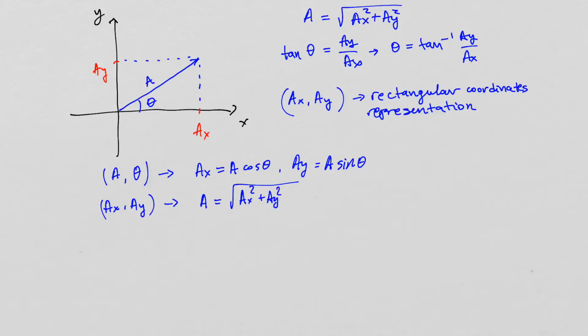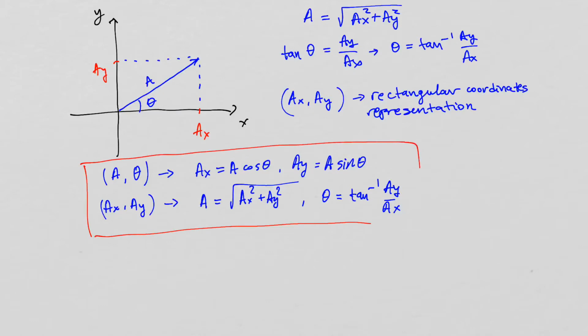And I can find the angle that the vector makes with the positive x-axis, and that is the inverse tangent of ay divided by ax. Those two are extremely important to know when you're dealing with vector quantities, because they help you find either the components or the resultant vector and its orientation in space, and this is important for solving problems involving vector quantities.